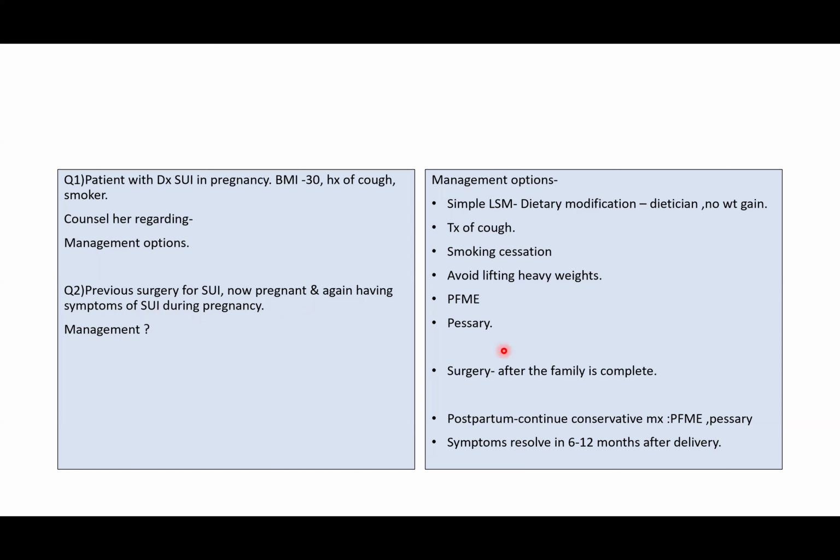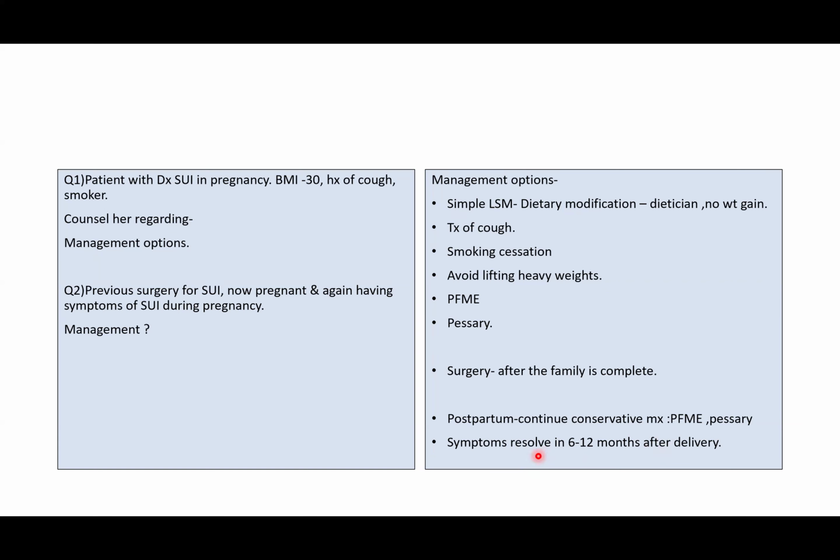Conservative, and surgery again after the family is complete. But here, she had a surgery and now she's having the recurrence of the symptoms. So for her also, we are going to give the same advice that postpartum, continue your conservative treatments, the pelvic floor muscle exercise and pessary, and symptoms will resolve in about 6 to 12 months after the delivery.